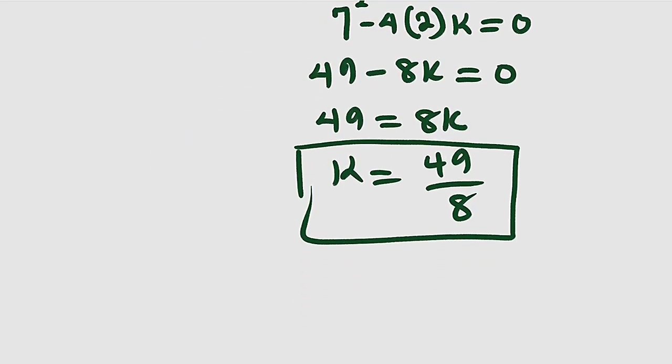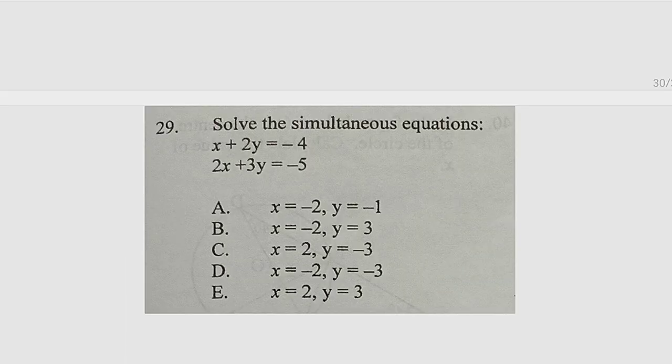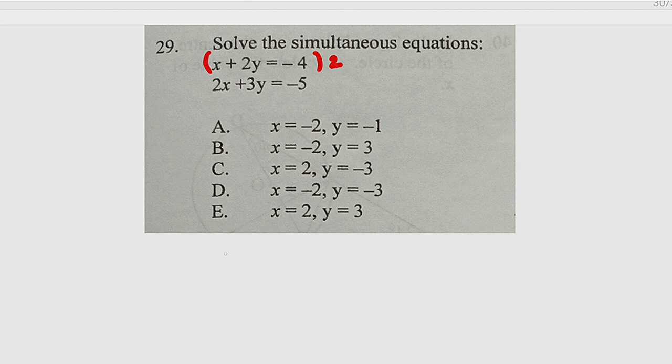Now let us move on to question number 29. Question number 29, we are asked to solve the simultaneous equations x plus 2y equals negative 4, 2x plus 3y equals negative 5. Before we start, I would like to multiply the first equation by 2, just to have the same coefficient of x. So it becomes 2x plus 4y equals negative 8.